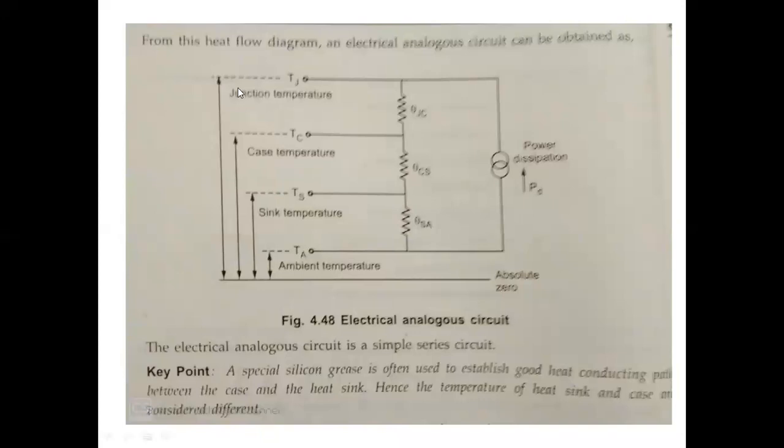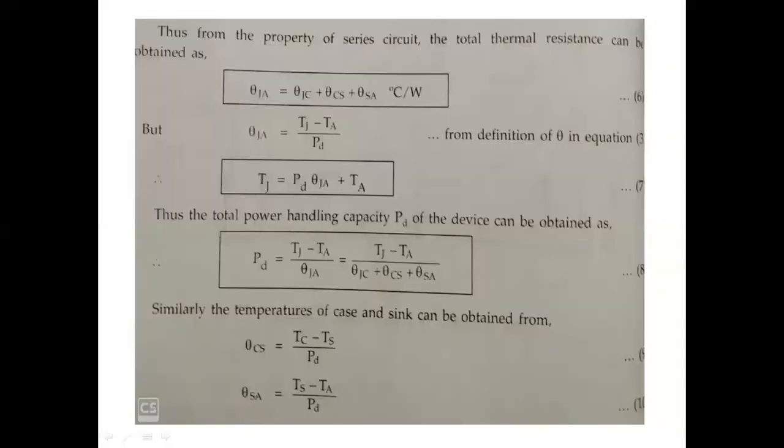So what is the temperature at junction, at case, at heat sink, and at ambient. These terms represent the different temperatures at the transistor as well as at the surroundings. And these are the formulas which we have to remember in order to solve the problems related to heat sinks.